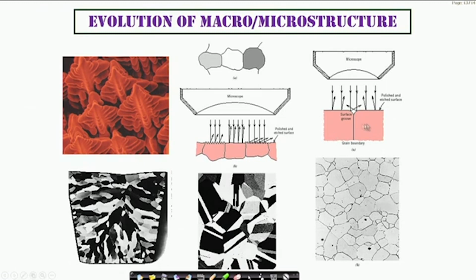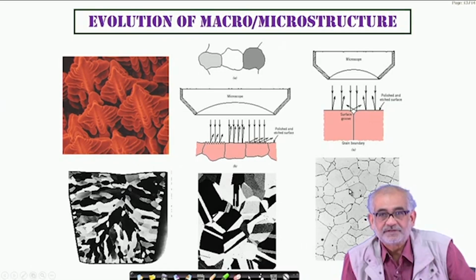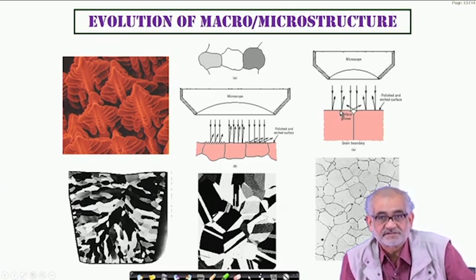when we go through such metallurgical preparation, we adopt a technique called etching, which is a selective chemical dissolution of the phases depending upon their electrochemical potential. Since the electrochemical potential of these boundary regions is higher than that of the grain body, they dissolve faster. Now when you expose such a structure under the microscope, which also has a source of illumination, the light falling on this surface will get uniformly reflected from the region which is less chemically attacked, and hence it will be more lustrous and bright.